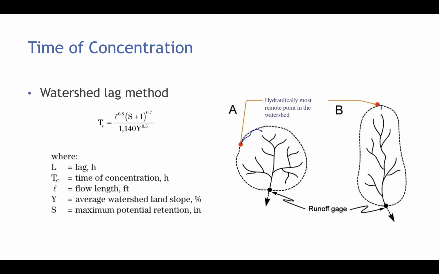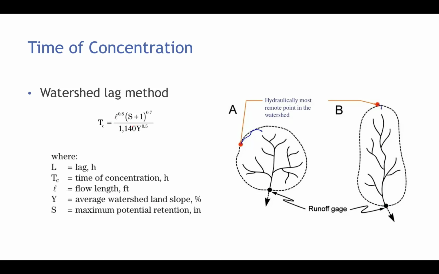It is not simply the distance. It is basically the slope and other things also coming into the picture, right? So you can see here the TC is an empirical formula, based on the watershed lag method given by SCS.